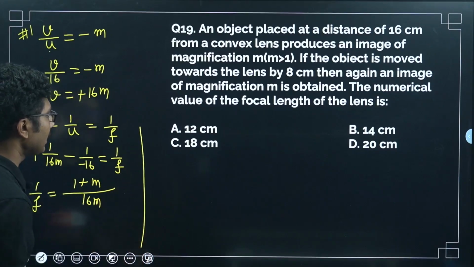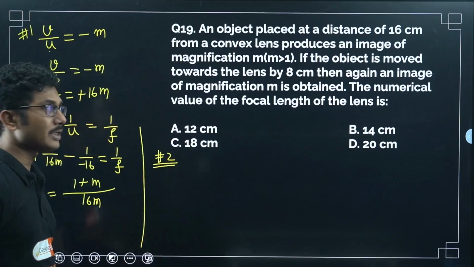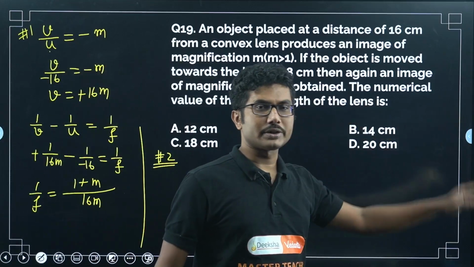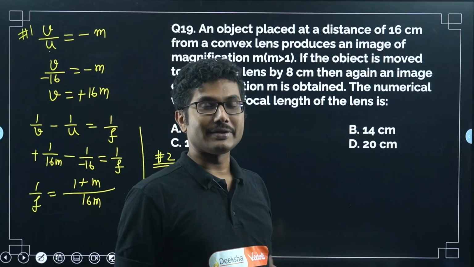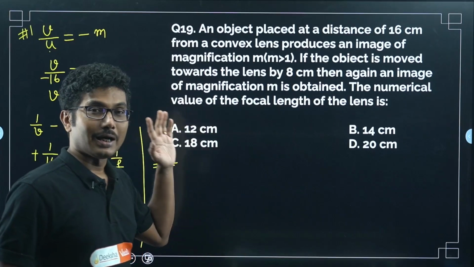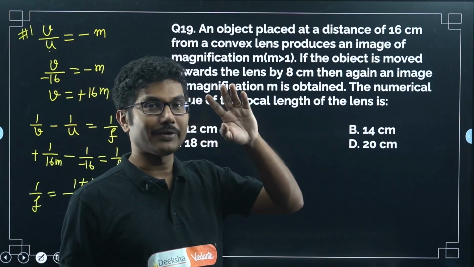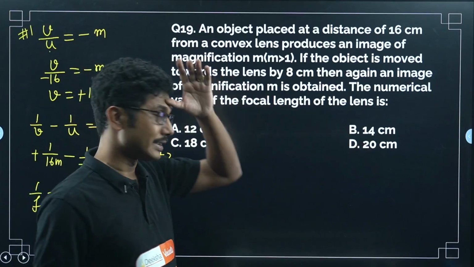Now let us consider equation 2. In equation 2, this will definitely be a virtual image, because as you have moved in towards the lens, you are again getting the same magnification, and the magnification in both cases is greater than 1. So the only case where this happens is when you are using a convex lens and pushing the object towards the lens, right?